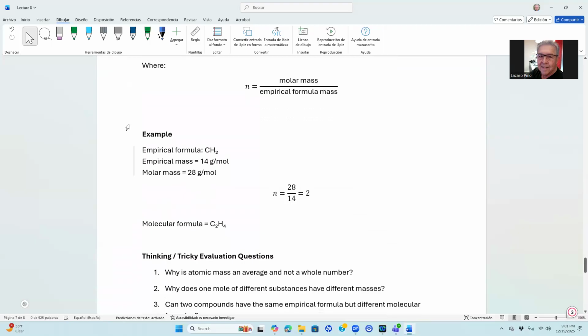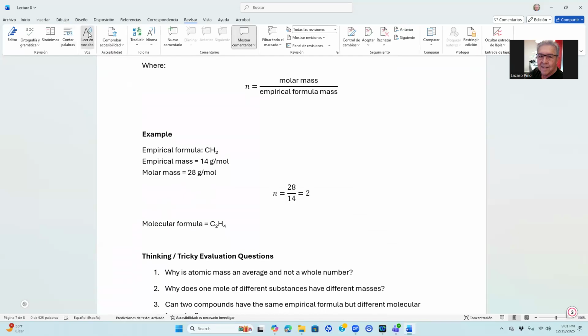Example, here you have the following exercise. Let me put here: empirical formula CH2, empirical mass equals 14 grams per mole, molar mass equals 28 grams per mole. n equals 28 divided by 14 equals 2. The n, that is the factor, is the molar mass divided by the empirical molar mass.